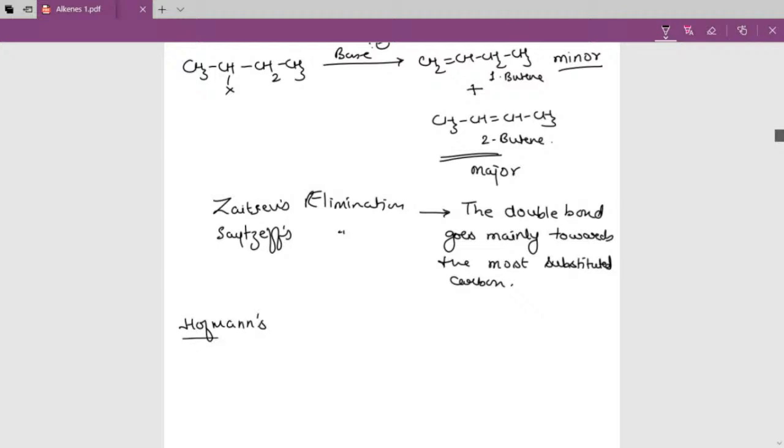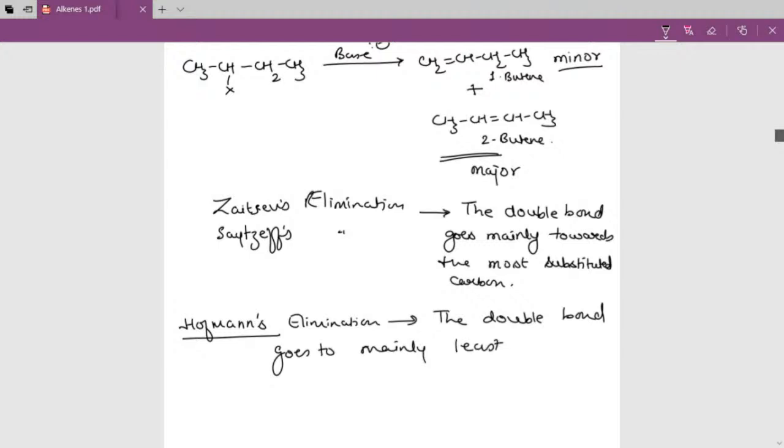Next is Hofmann's elimination. In Hofmann's elimination, it is just opposite of this. Here I will say the double bond goes mainly to the least substituted carbon.